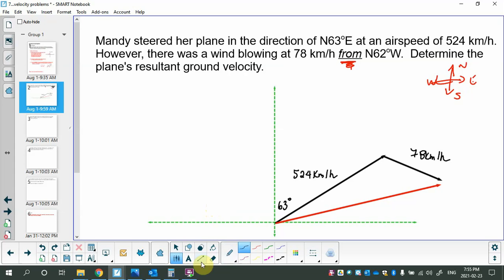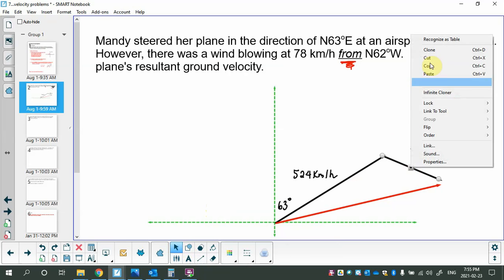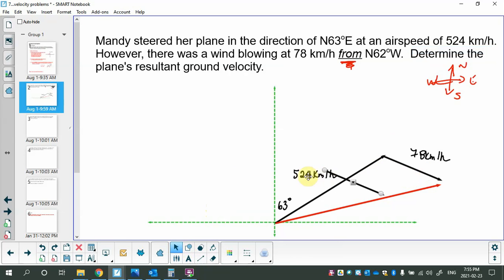Another thing I can do is replicate this and put it back here, because I know that this corner is the 62 degrees that I had to veer off in the westerly direction. That means this corner is 62 plus 63, which is 125 degrees.